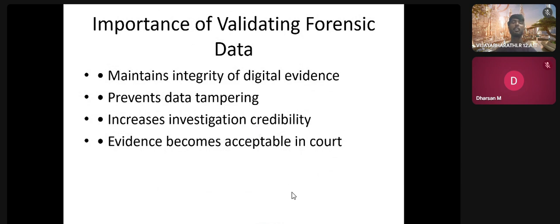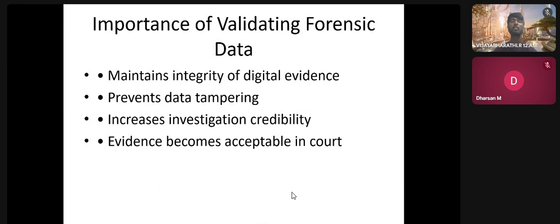Now we are going to discuss the importance of validating forensic data. Validation of forensic data plays a crucial role and is an essential thing in forensics. If we handle forensic data in the wrong manner, it could implicate someone who was not involved.